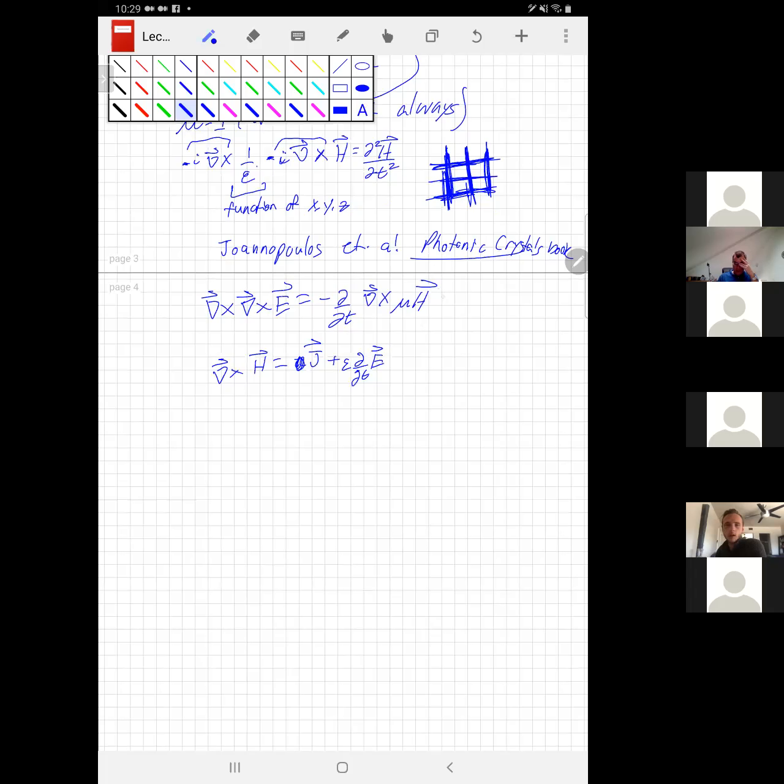And so when all the dust was settled, you would have to then take into account the fact that sometimes mu does change with position, but whatever, we'll ignore that today. Mu is 1. And so we get minus epsilon partial squared E partial t squared.